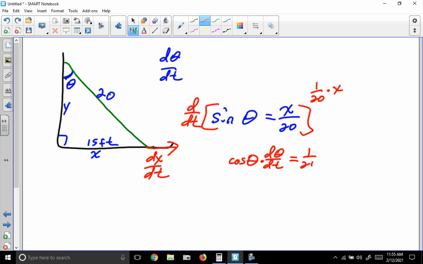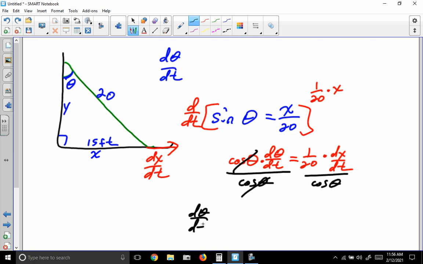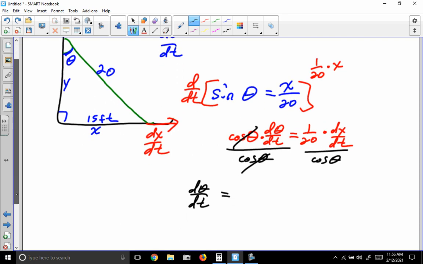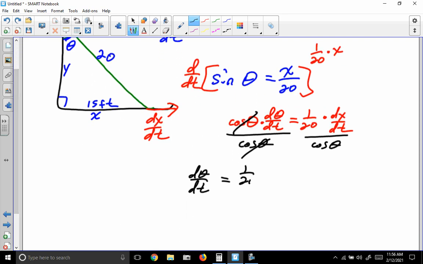So 1/20th is a constant. The derivative of x is dx/dt. Now we're looking for d theta/dt, so let's divide by cosine. So we have 1 over 20 times dx/dt over cosine.